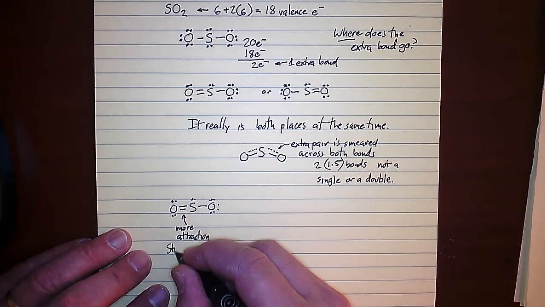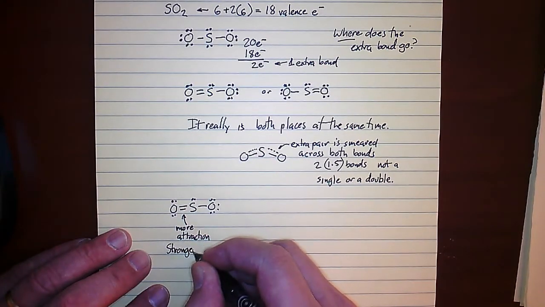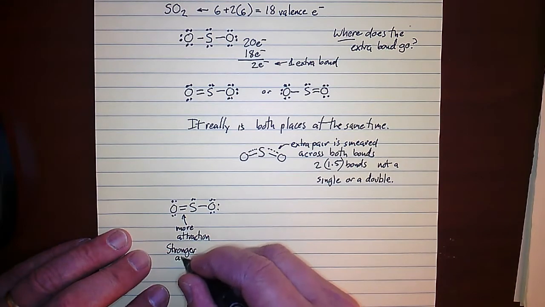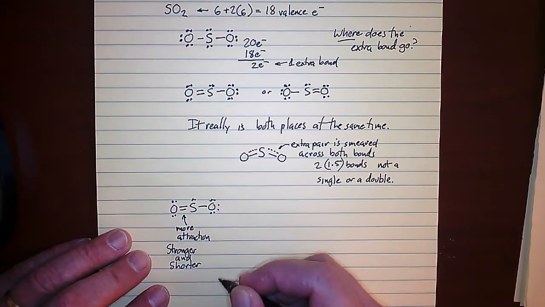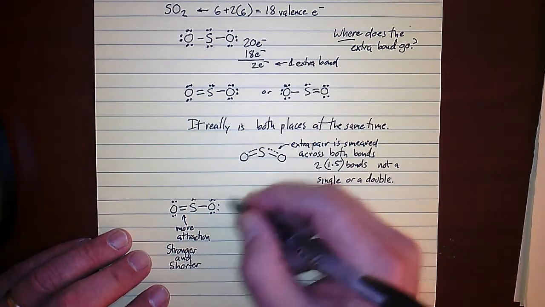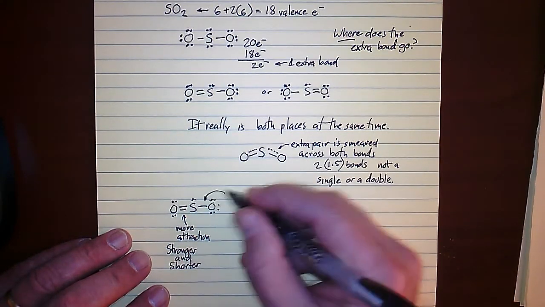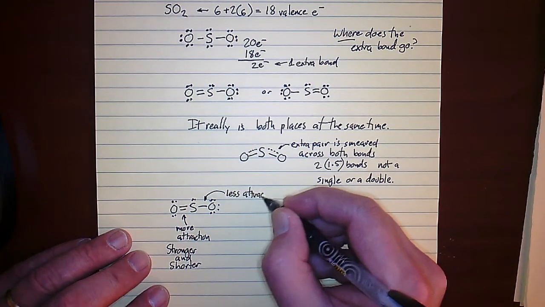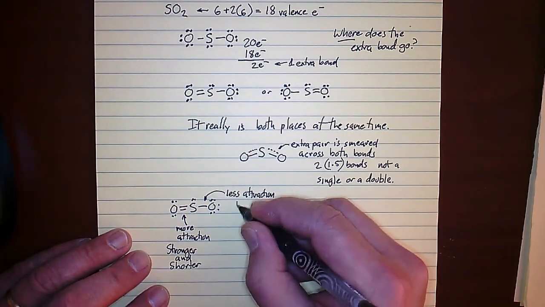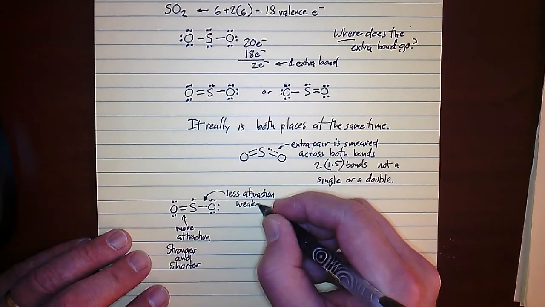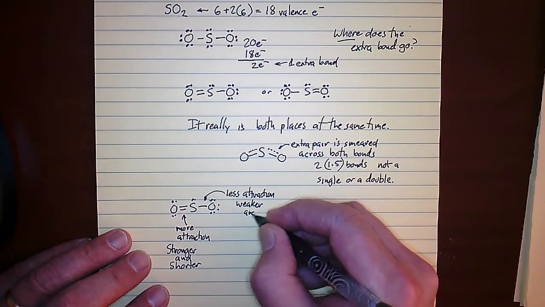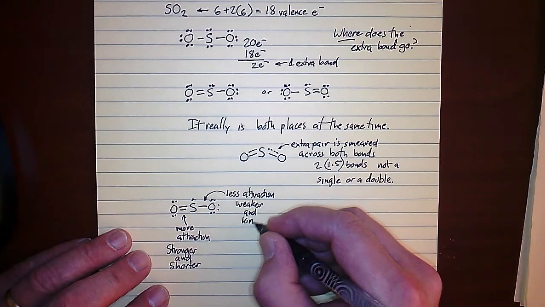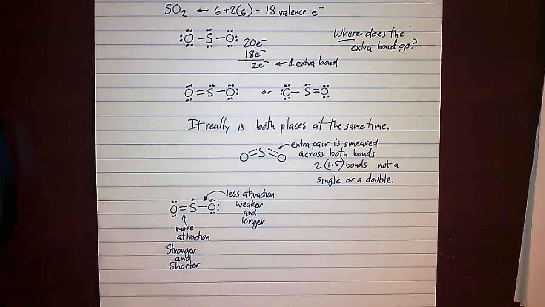It would be stronger, and it would be shorter. If we were to look at this bond, this is less attraction. It would be weaker and longer. If there's less attraction between the atoms, they're going to be spread farther apart.